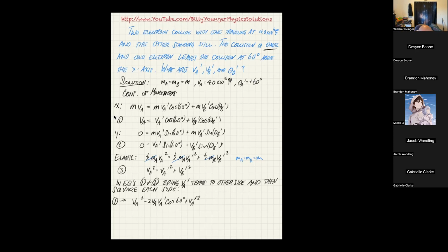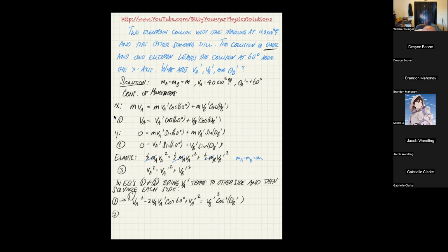And I need to make sure y'all know that that is prime and squared, not to the 12th power. So let me try to write that a little better. VA squared. And then the right-hand side, of course, will just be VB prime squared cosine squared theta B prime. And this is going to be equation 1 prime, say.